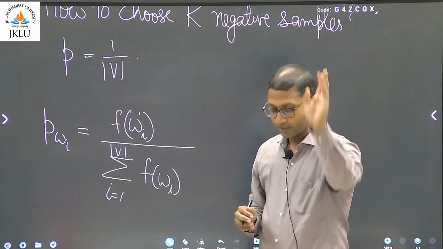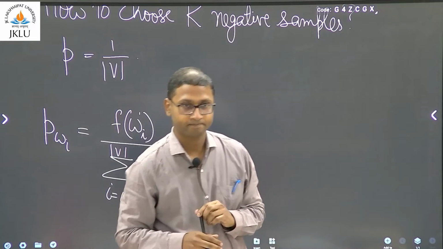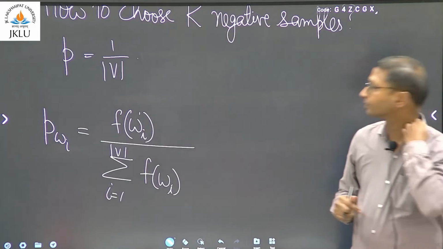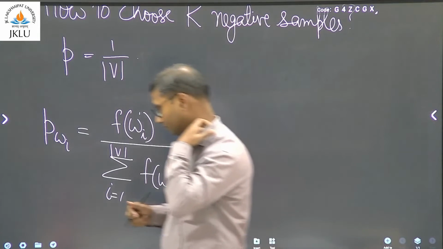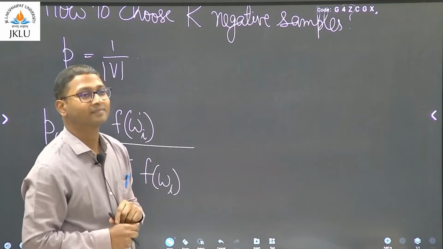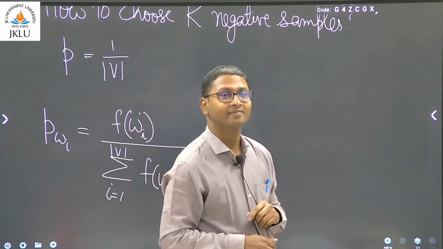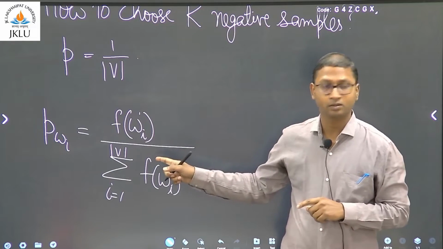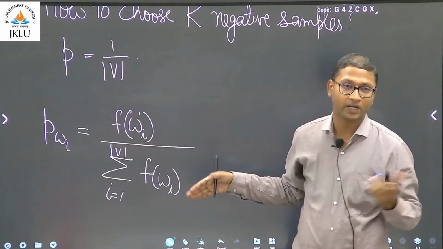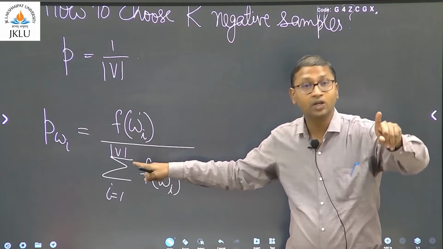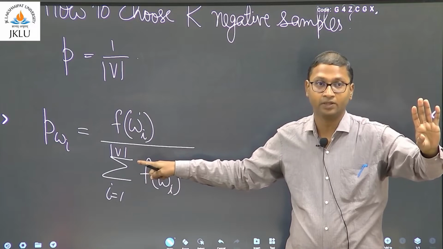You take an example related to orange. If you sum this up, you will get 1. Not mod v, this is the total number of words in the corpus, not mod v.